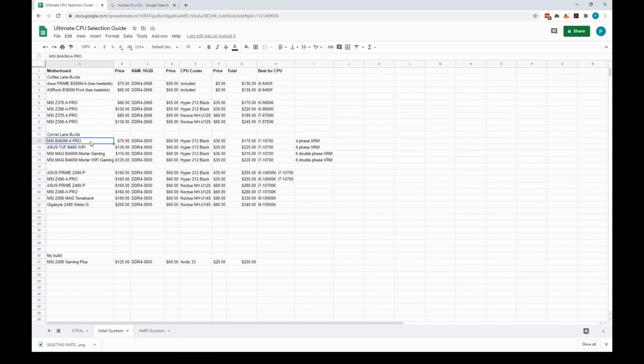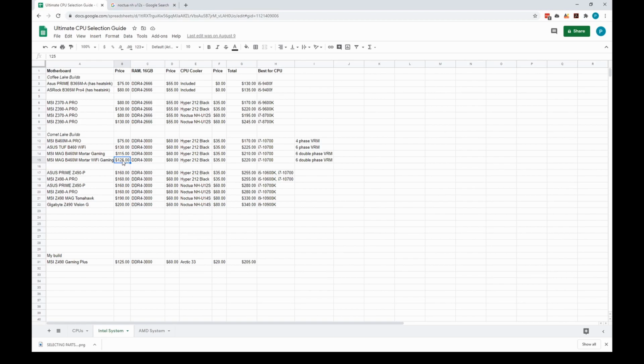We have an MSI board, the cheapest one, that doesn't have a heatsink. I've heard people put together builds with this and the i7 10700, and it was working just fine. But I'd rather go for an MSI Mag B460M, the one with Wi-Fi. You just pay $10 more and you get Wi-Fi 6, which is the latest one. If you were to buy it separately, it would be $30 to $35.